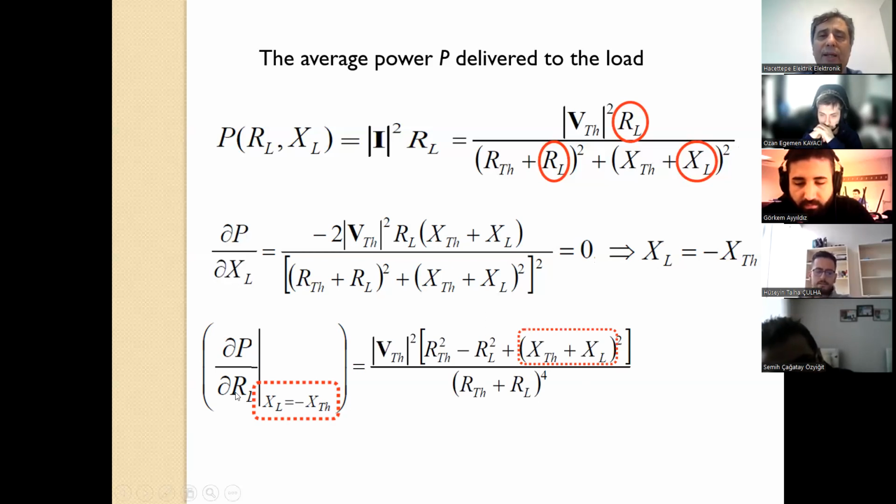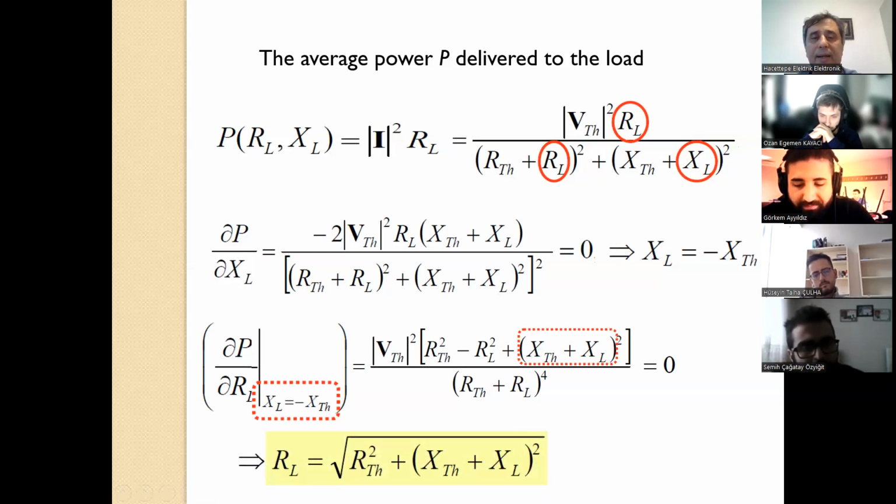The resistive value of the load. When you do so, you are going to get this type of expression again. Make it equal to zero. So we have the upper part right here. What am I going to do? I'm going to take the real part alone because I'm looking for the proper RL.